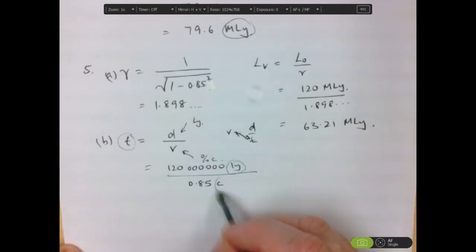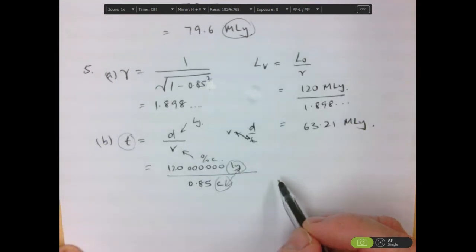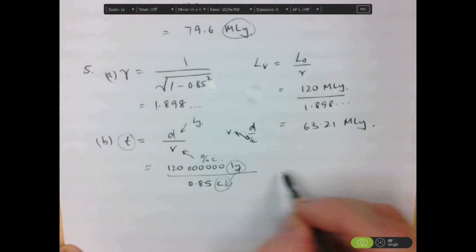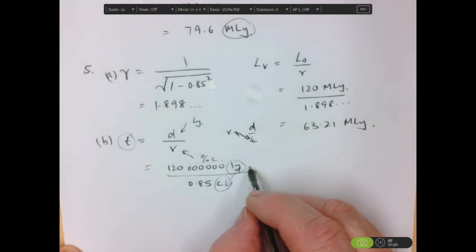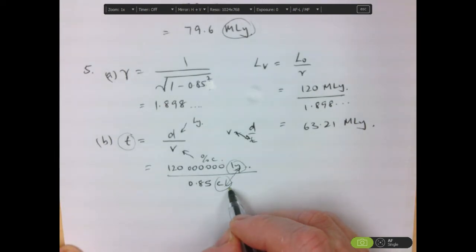Now, light years divided by c gives you years, because a light year is defined as the distance travelled by light in 1 year. So the units will cancel to years here.